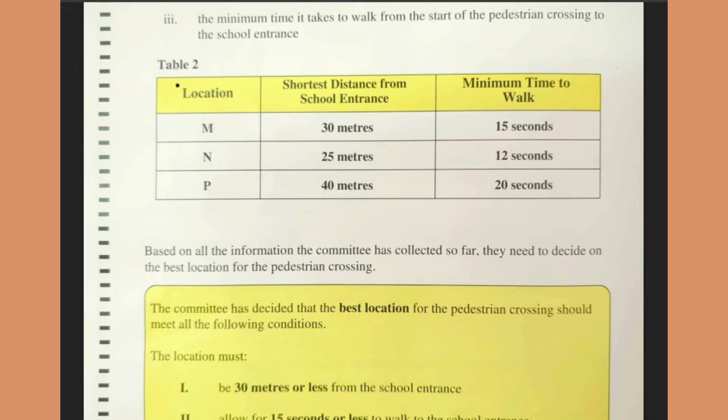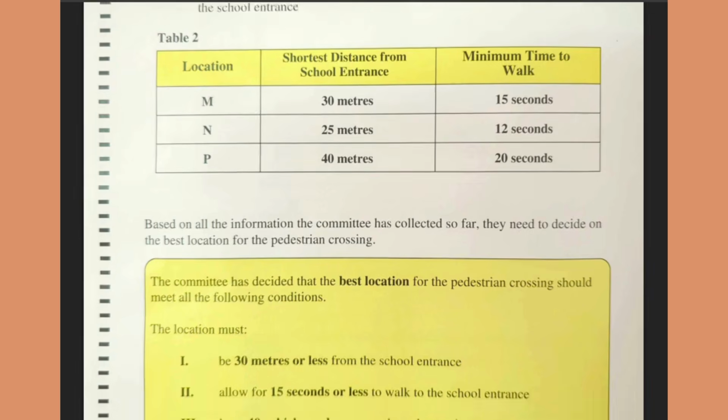In Table 2, we're seeing the locations. Shortest distance from school entrance, M, 30 meters, and the minimum time to walk is 15 seconds. Location N, shortest distance from school entrance is 25 meters, and minimum time to walk is 12 seconds. And finally, location P, the shortest distance is 40 meters, and the minimum time to walk is 20 seconds.